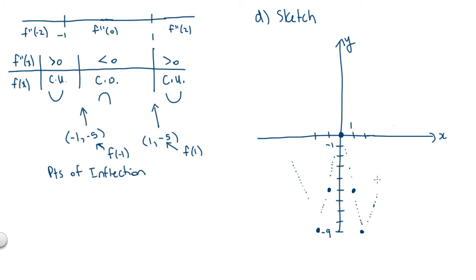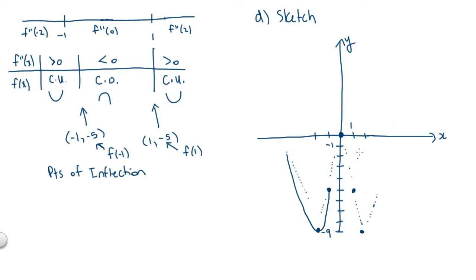But now to make a really good sketch, we need to bring the concavity into the discussion. So the graph is supposed to be concave up until we hit the x value -1. So in other words, until we get to this point, the graph should be concave up. All right, so that means it's going to have this kind of a shape. It's going to be coming down. It's going to look like a right side up bowl right through here until this point.